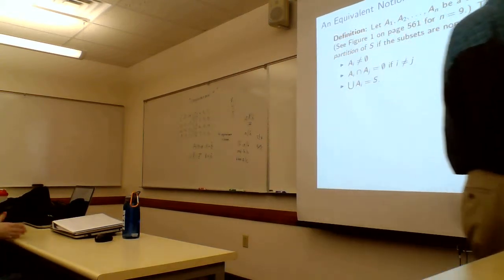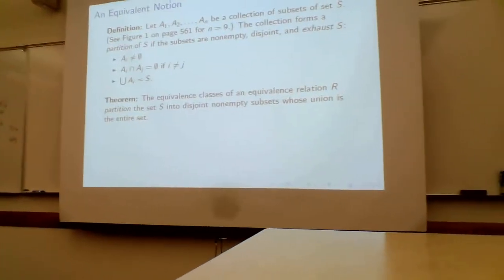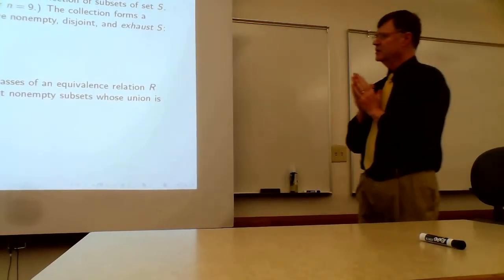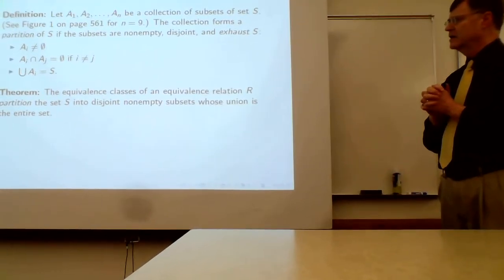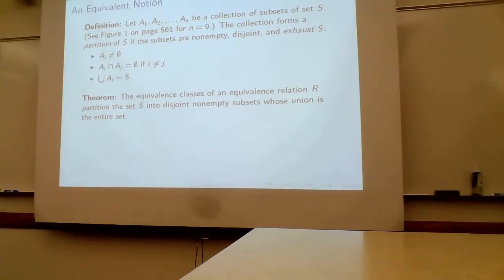But it's more interesting when you have more than two sets, which we do in the case of congruence mod M. So here's the theorem. The equivalence classes of an equivalence relation R partition the set into disjoint non-empty subsets whose union is the entire set.